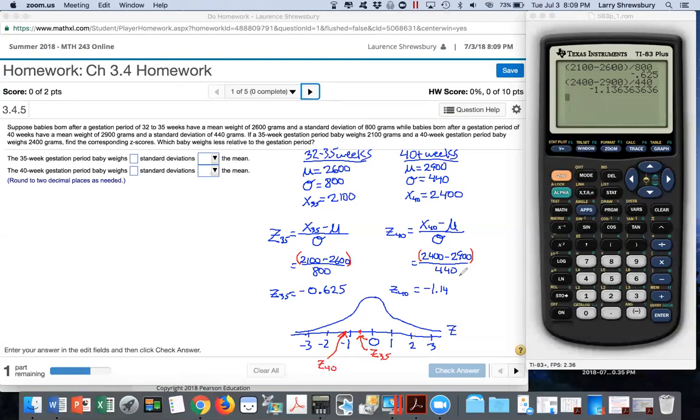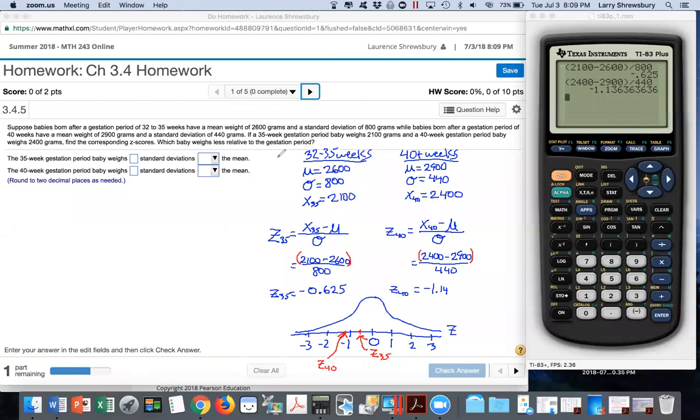So this data value is much farther below the mean. That means which baby weighs less relative to its gestation period? This one, this data value. You say, darn, I thought this one was smaller. Well, it makes a big difference whether it's relative to the population it came from.